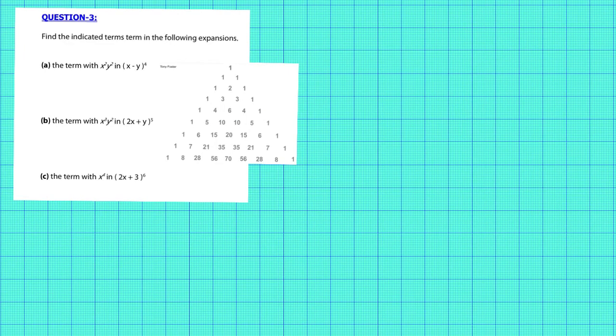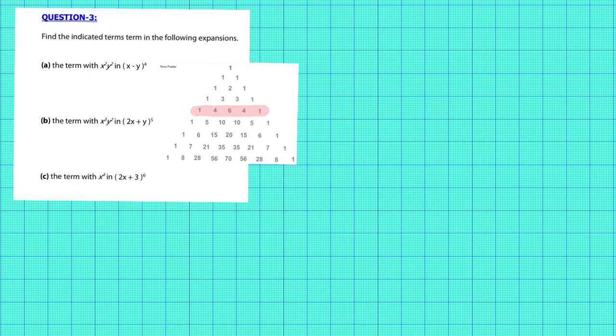Question 3. Find the indicated term in the following expansions. A. The term with x squared y squared in the expansion (x minus y) to the power of 4. Because n is 4, we want the 5th row of Pascal's triangle.